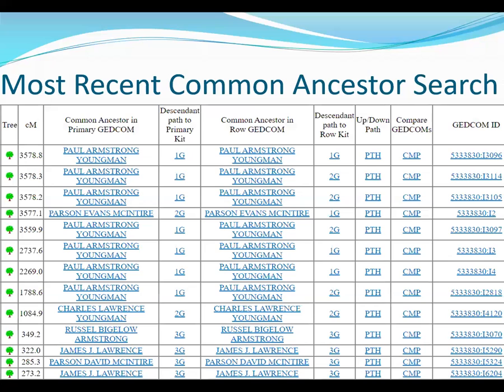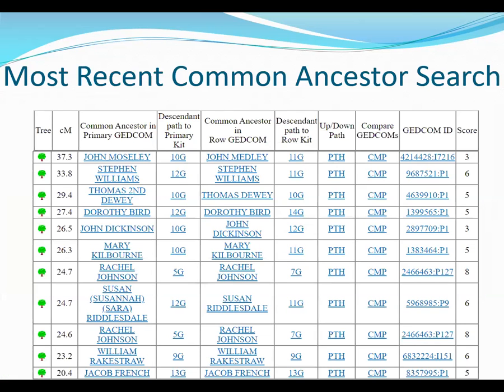For my mother's close relatives, my mother's father was Paul Armstrong Youngman, and we see that there are various different relatives who descend from Paul Armstrong Youngman. These people are all included in my GEDcom ID. So you notice on the right side that they all have the same GEDcom ID because they're all close relatives of my family. I'm related out either as first or second cousins and not more distantly than that.